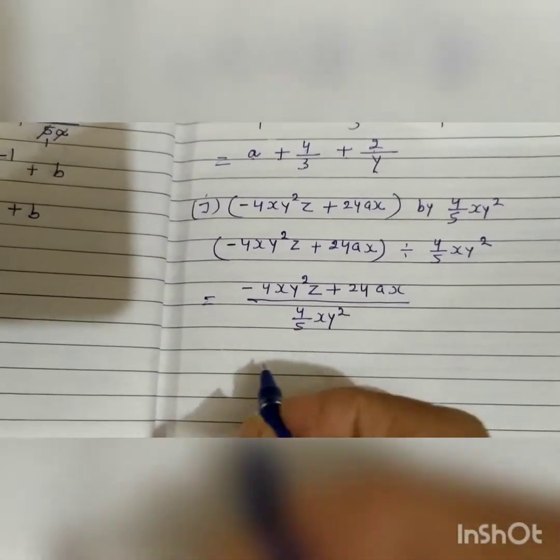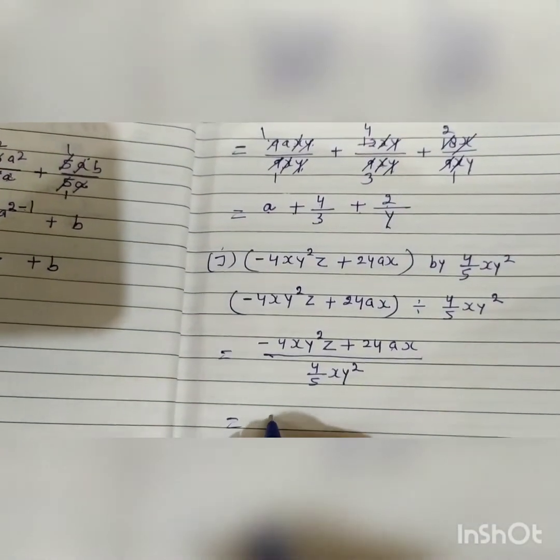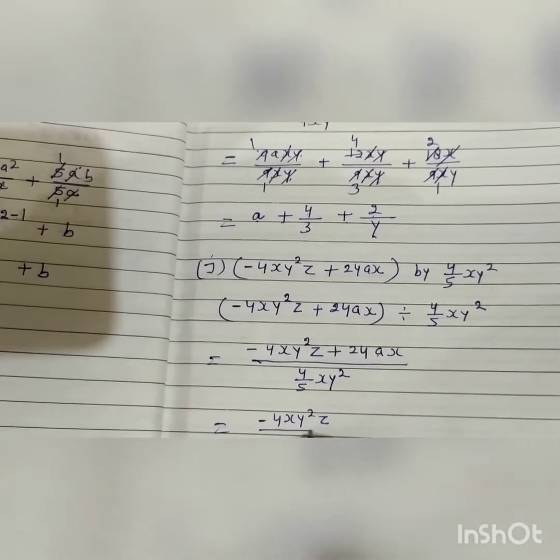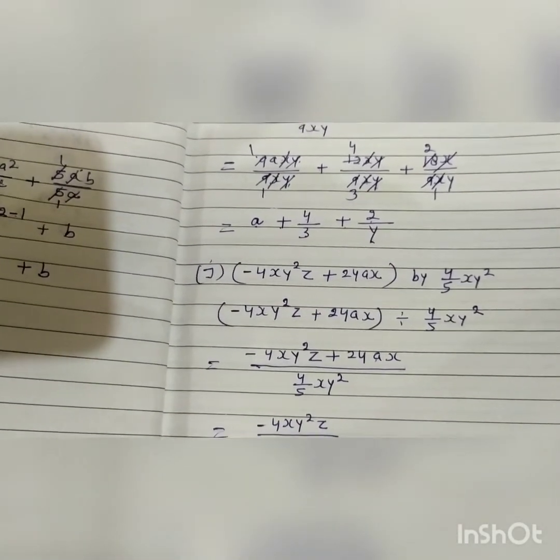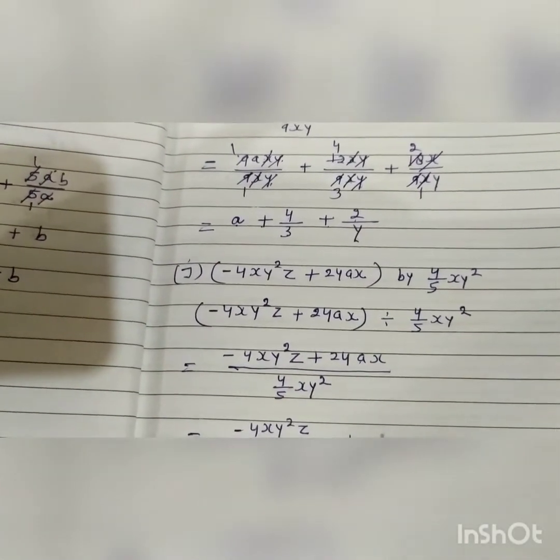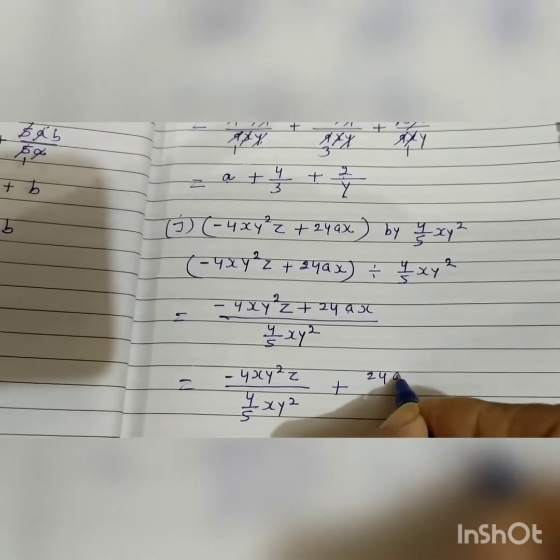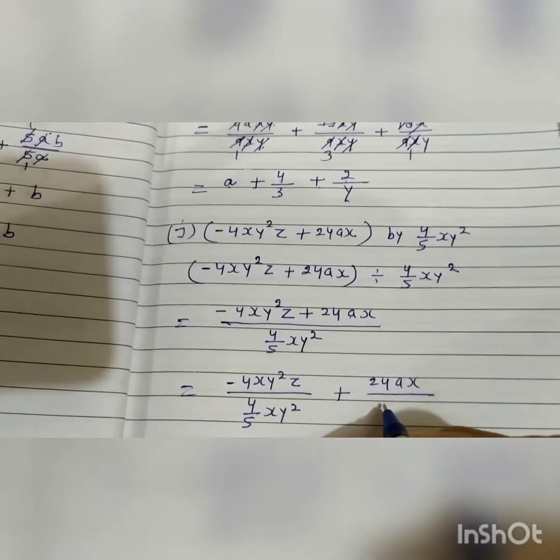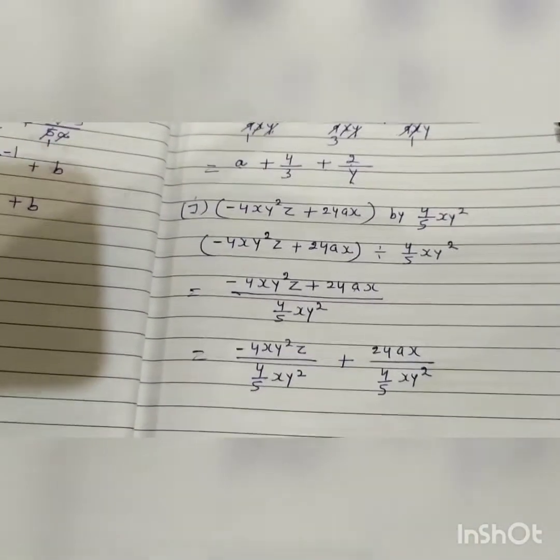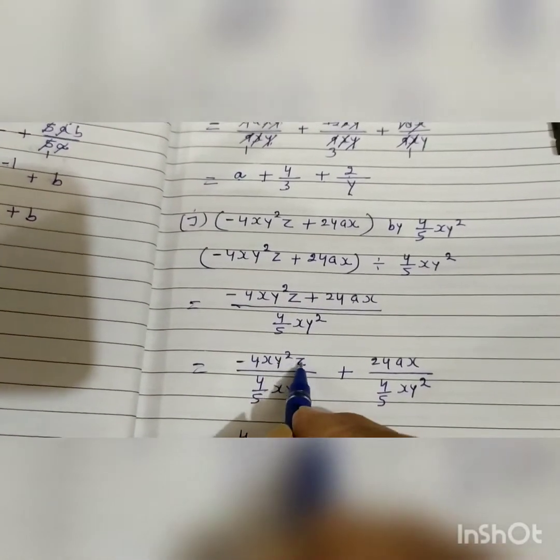Now write these two terms separately. Minus 4xy square z upon 4/5 xy square, this plus, then 24ax upon 4/5 xy square, minus 4xy square z.